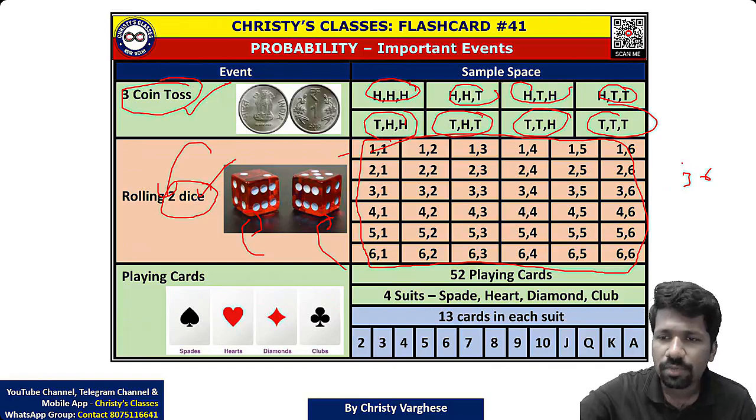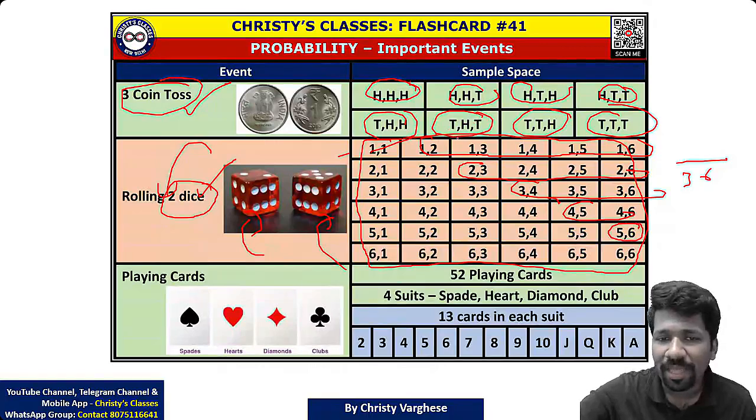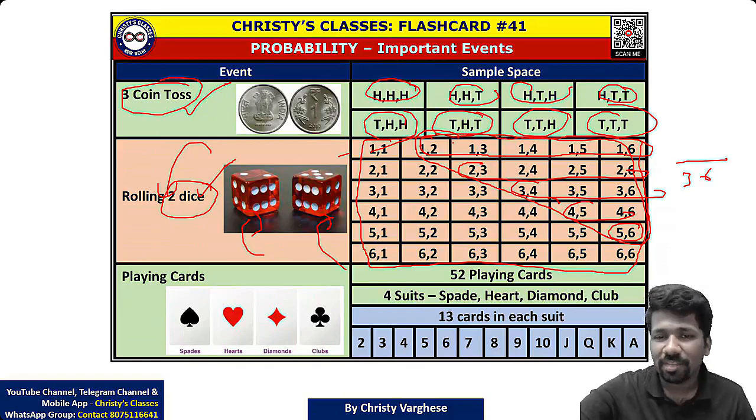What are the cases where the first number is smaller than the second number? From this list you can find it, or by thinking logically. For example, first number smaller than second means 1 less than 2, 1 less than 3, 1 less than 4, 1 less than 5, 1 less than 6. Then these 4, then these 3, then these 2, then these 1. Those of you from a mathematical science background can compare it to the matrix theory you have learned. I'm not saying math students only.